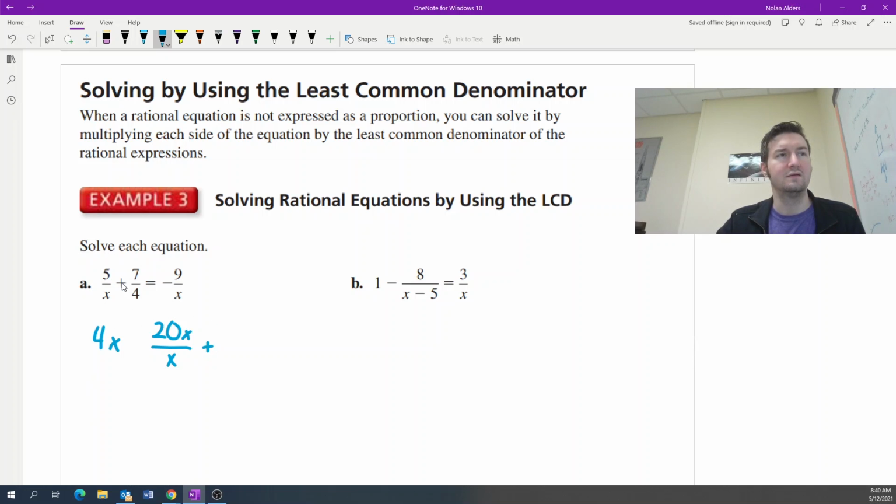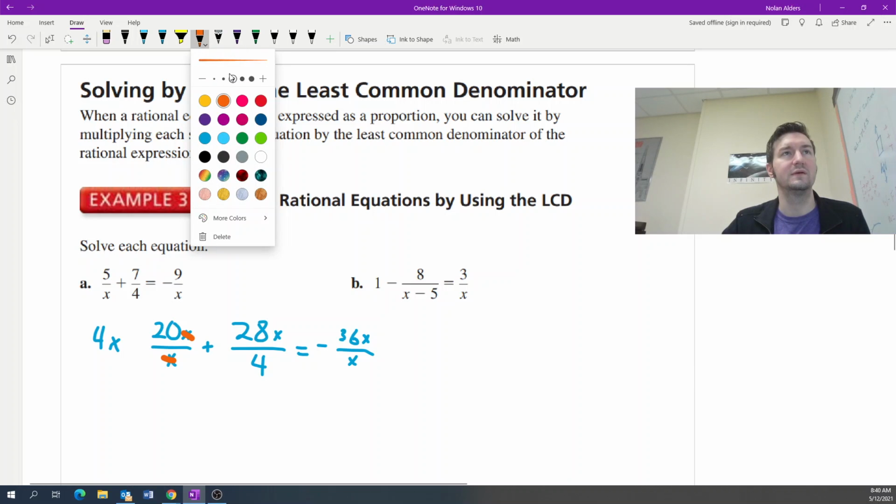Plus 4x times 7 is 28x, and that's over 4, equals 9 times 4x is going to be negative 36x over x. And at this point, we can see that these x's cancel.